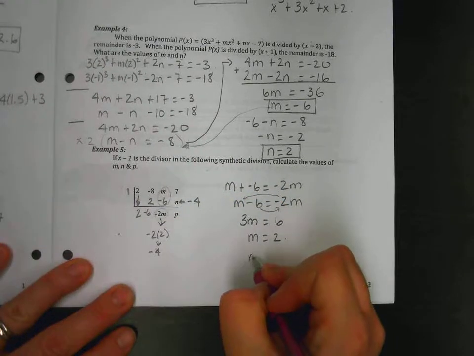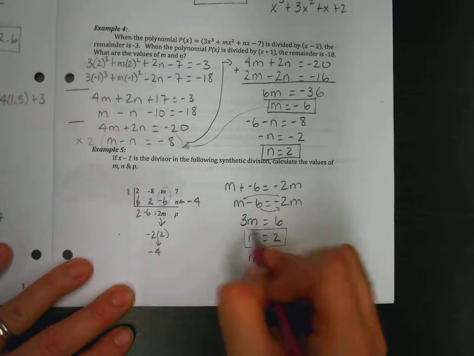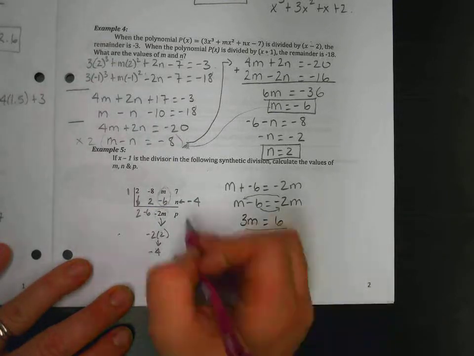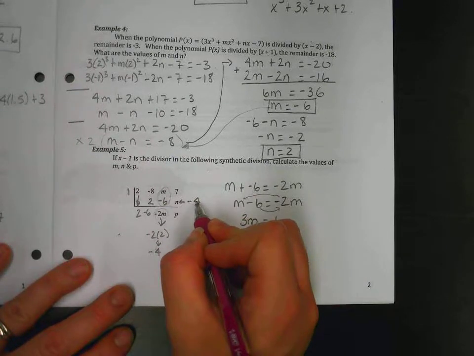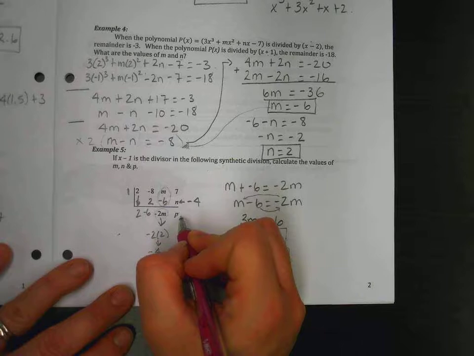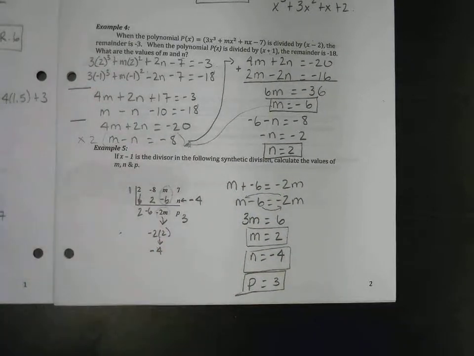So my n value is going to be negative 4. So m is 2, n is negative 4, and then to finally find my p value, well, 7 plus negative 4 is going to give me 3. So p would have to be 3. All right, and that is the second part of the remainder theorem.